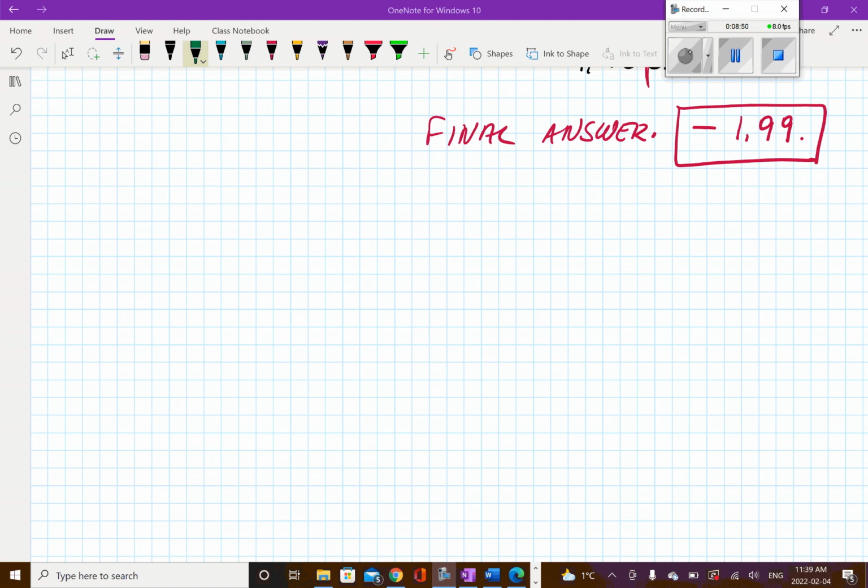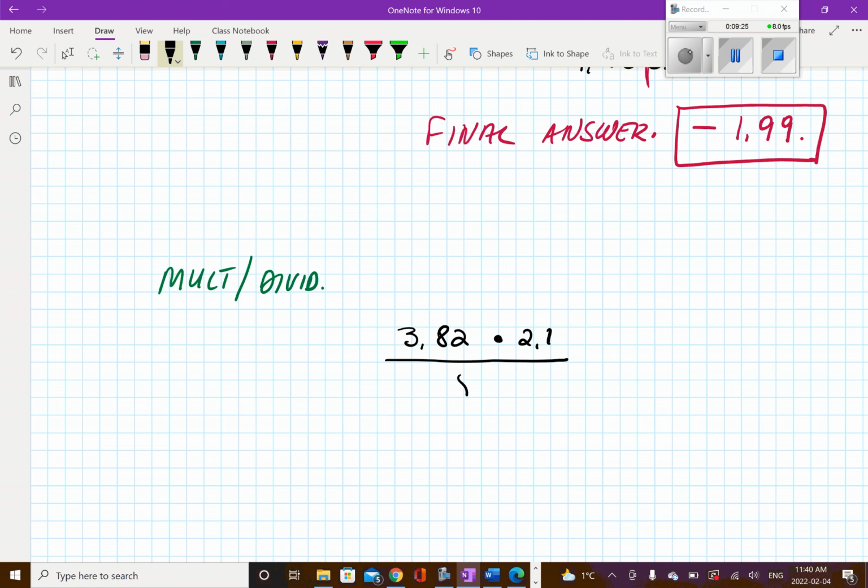And when we are multiplying or dividing, we express the final answer to the lowest number of significant digits of the information that we have. So let's suppose that we have 3.82 times 2.1 divided by 8.35.